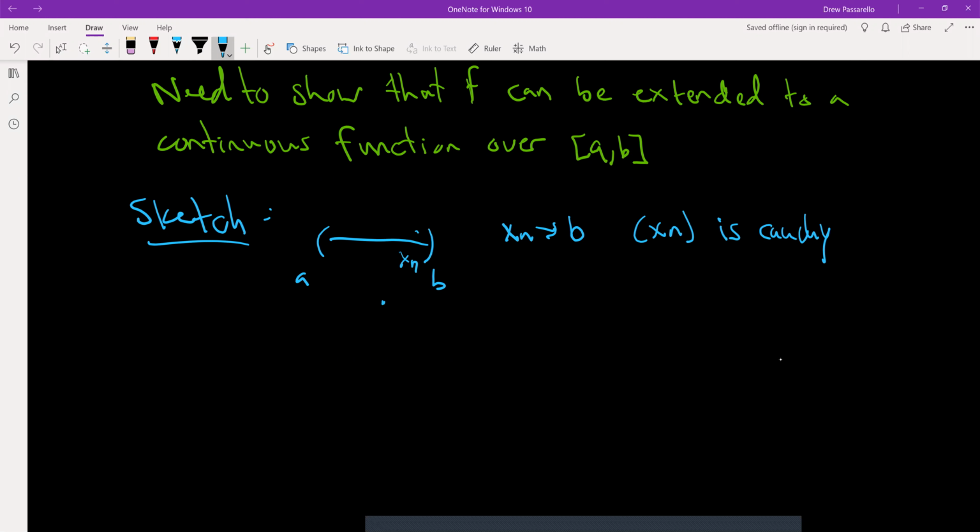And since, so that's going to mean f of x_n is Cauchy.